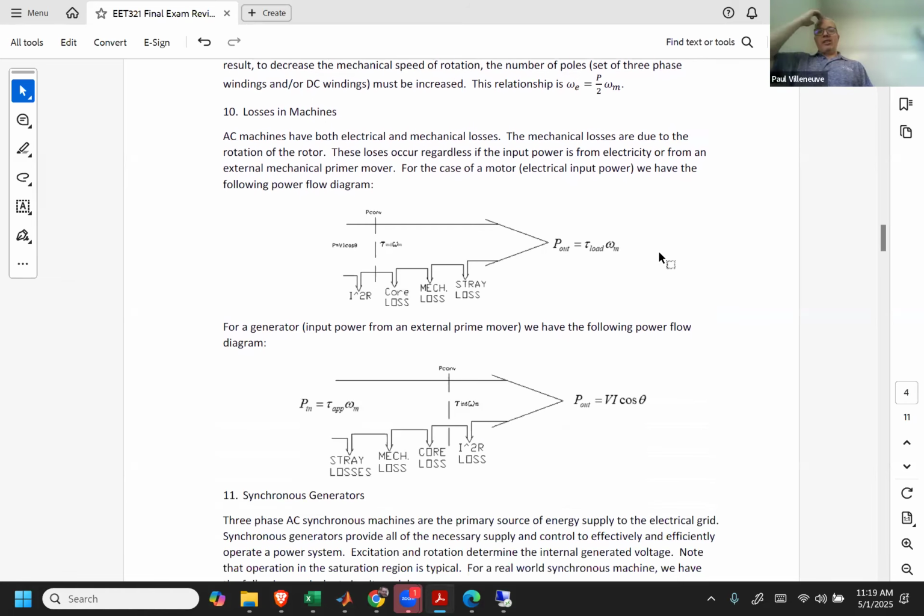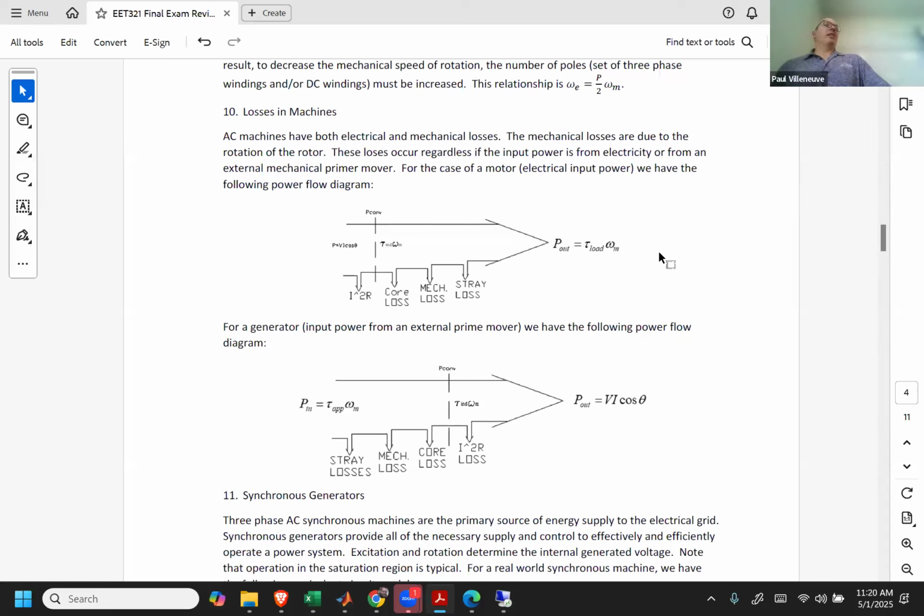Then we talked about losses in the machine, both as a motor and as a generator. You can tell it's a motor if the power coming in is electrical, right? You would have electrical power in and electrical power out if it's what's called a rotary converter, but you hardly ever see those anymore.